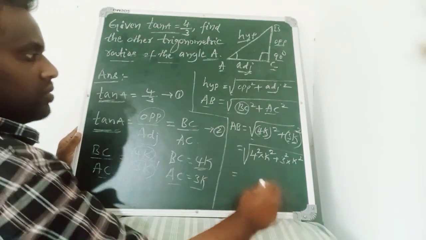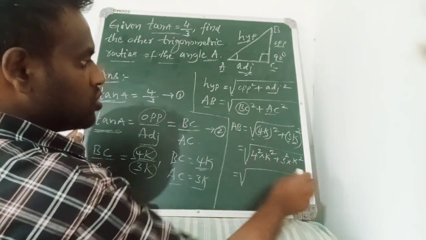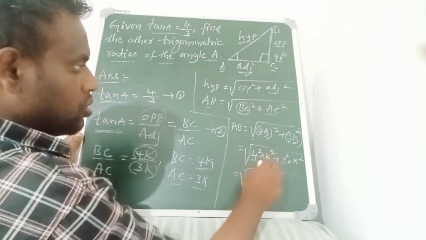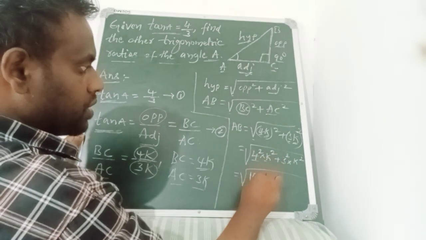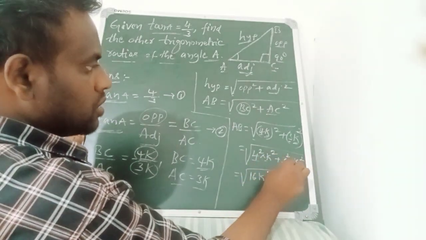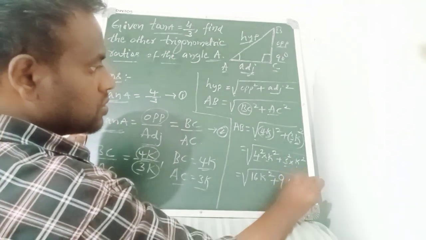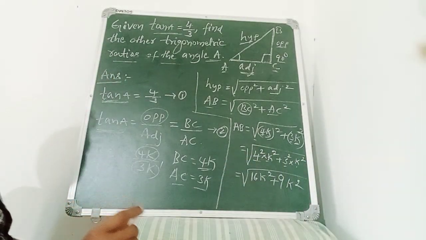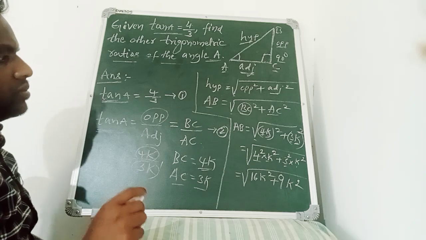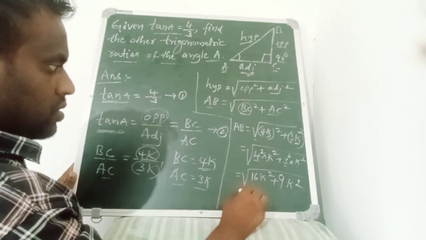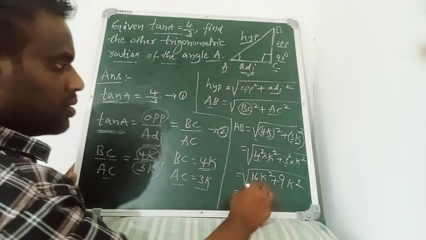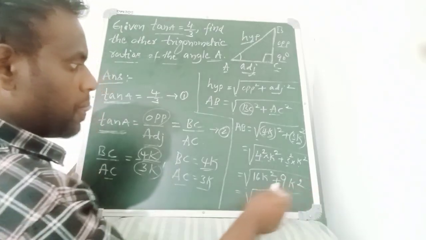Now the square root I will write as it is. 4 square is 16, k square as it is. 3 square means 9, and k square will be as it is. Next step, square root as it is.